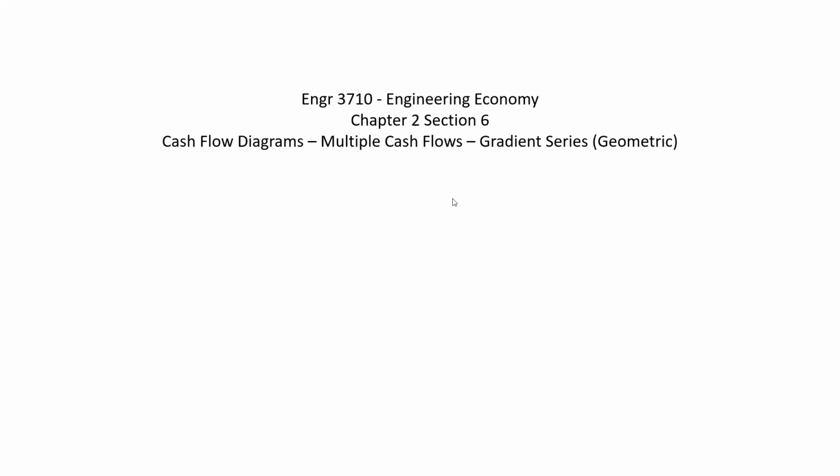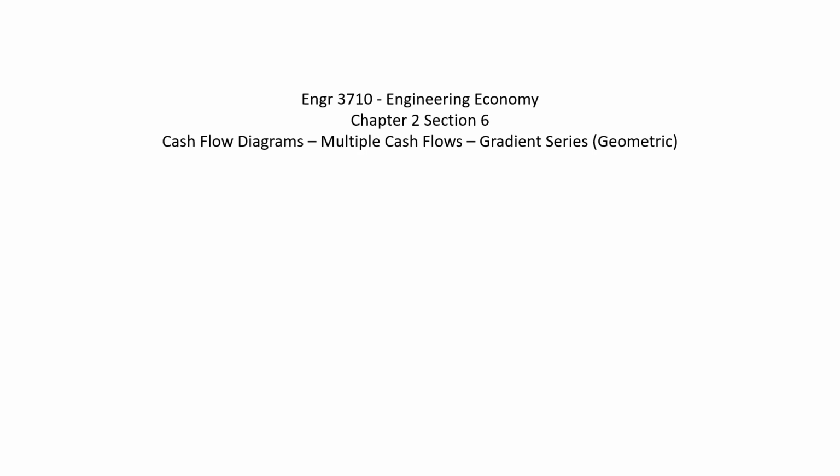Just a recap. First, we started with single cash flow. Then we did multiple cash flows, in which the first one was irregular, meaning you could deposit any amount of money at any time or take out any amount of money at any time.